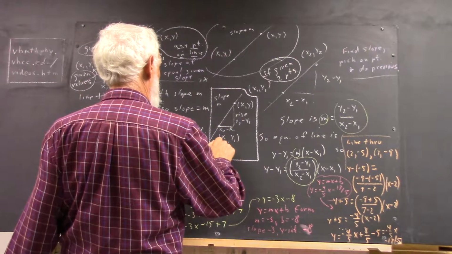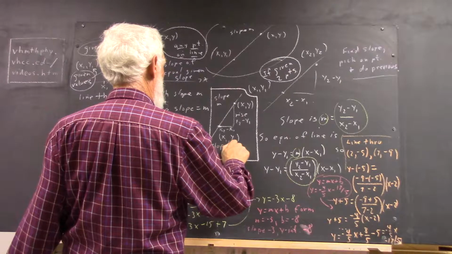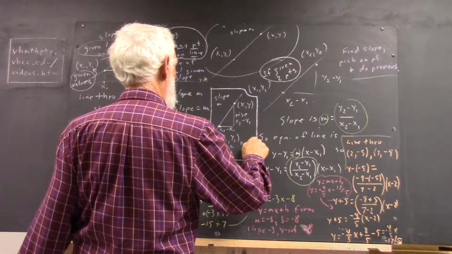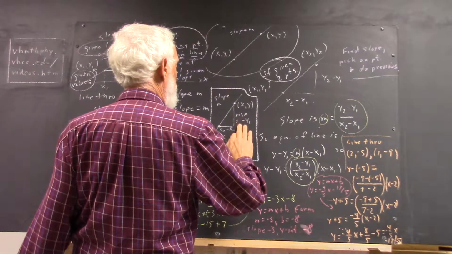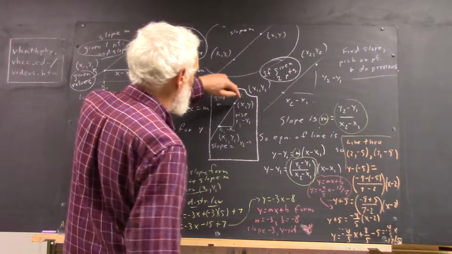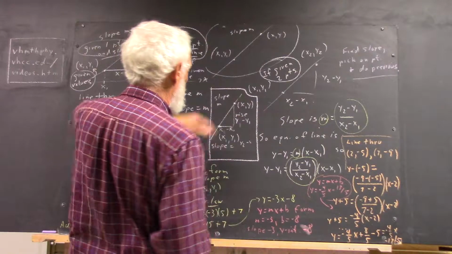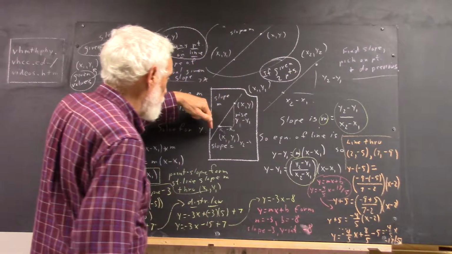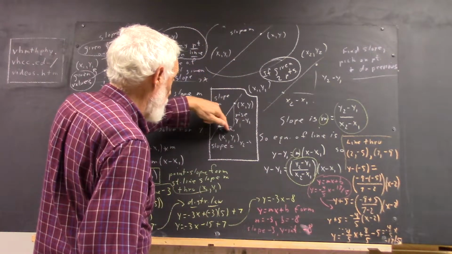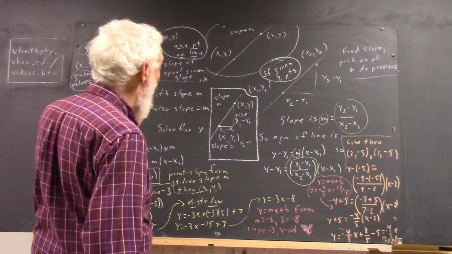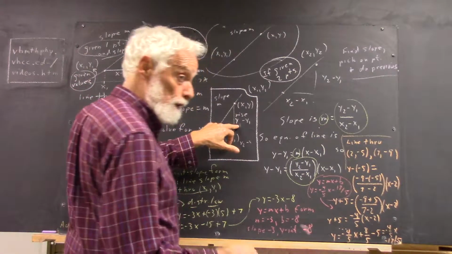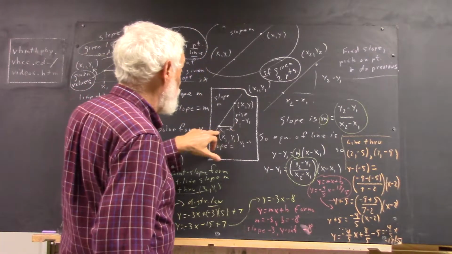So the slope is y2 minus y. Sorry, it's not y2 minus y1. This is xy. So the rise is y minus y1. The reason we use y here instead of a y2 is that y is variable.